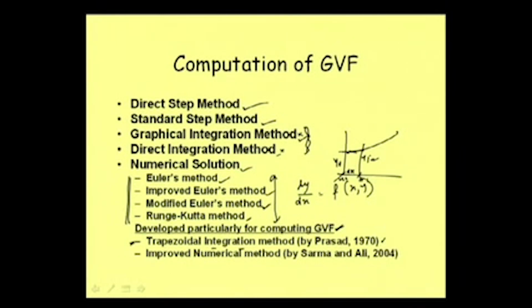Now if this delta x is increased, suppose we are taking a very large delta x, then some of these methods will give erroneous results and some may still give correct results. But now the main problem is, what should our delta x be?